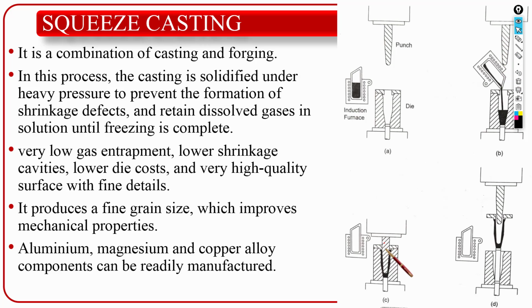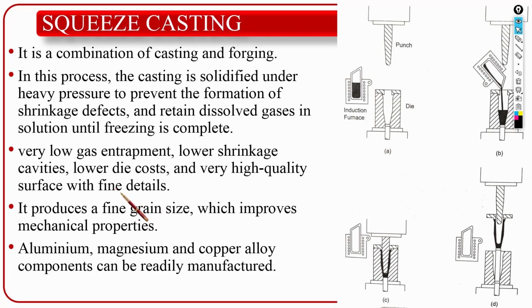This punch will be inserted, so the molten metal will rise and completely fill the surface. But because of the punch, the central part is hollow. If that kind of shape is required, then by this punching operation, by squeezing the metal, we get the casting. What are the benefits of this?